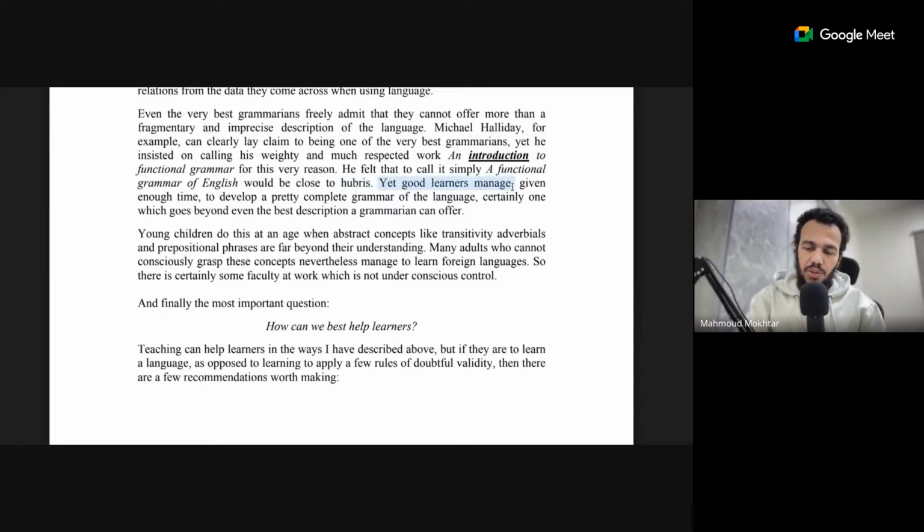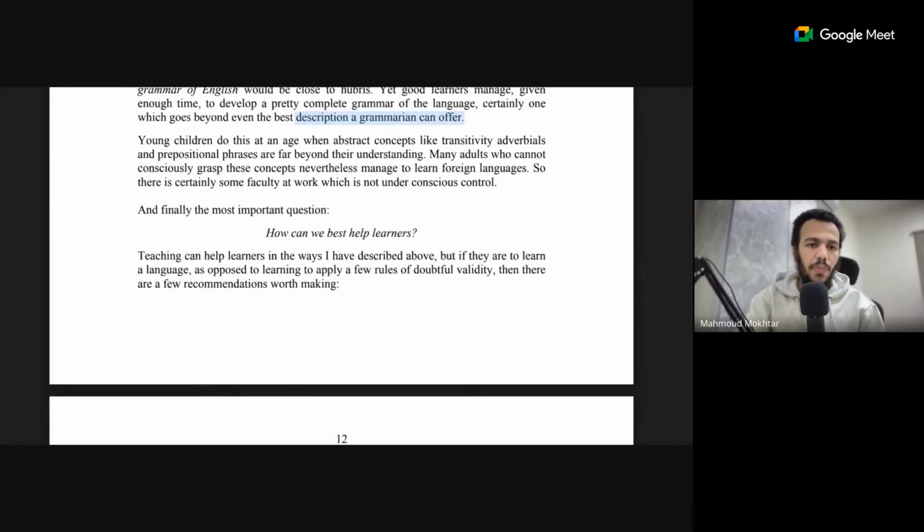Yet good learners manage, given enough time, to develop a pretty complete grammar of the language. Certainly, one which goes beyond even the best description a grammarian can offer.